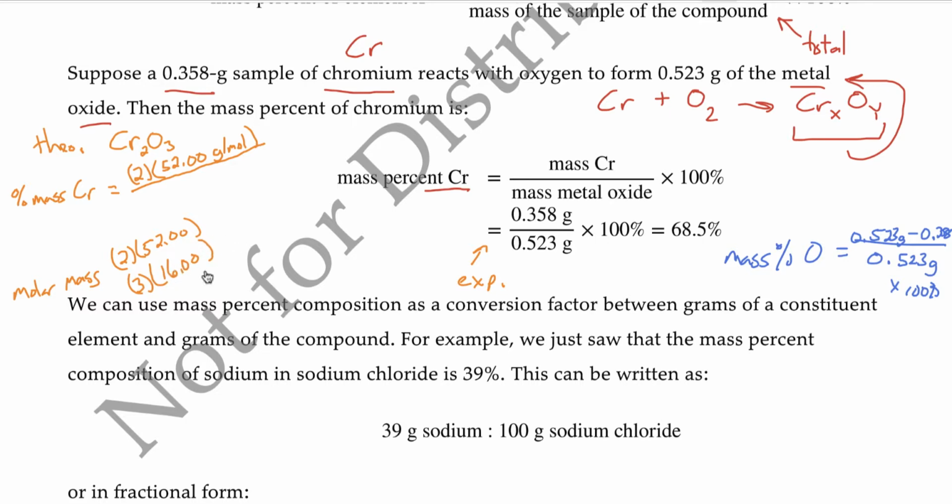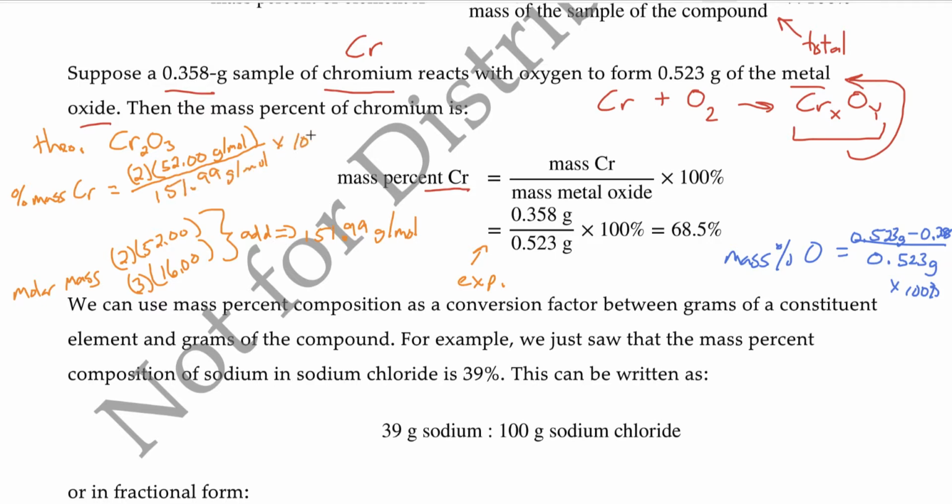Practically what I always do is I round off to two decimal places from the data on the periodic table. So if I multiply these out and then add them together, I get the molar mass of this compound, which is coming in at 151.99 grams per mole. So that's what's going to go on the bottom part of the denominator in my formula here, if you will.